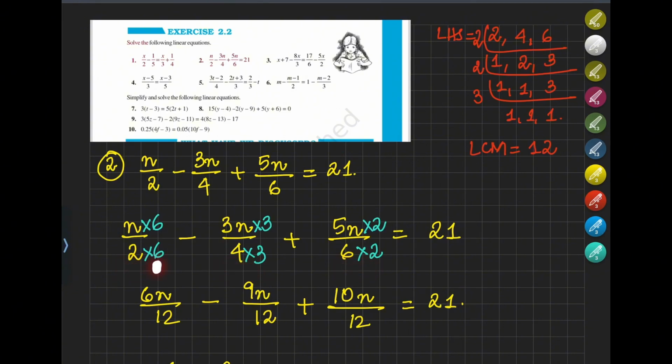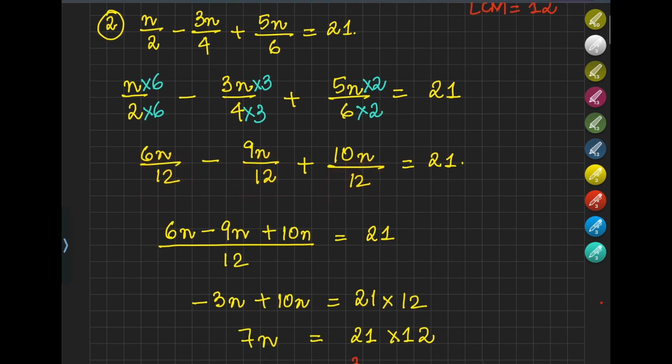So for that, in the first fraction, we multiplied the numerator and denominator with 6, here with 3 and here with 2. Now you can see that the denominator has become 12, and we can take the LCM 12 and do the necessary subtraction and addition in the numerator.